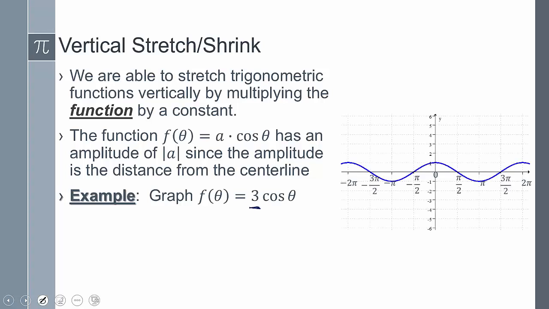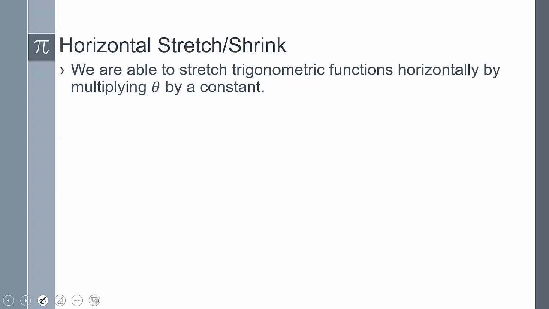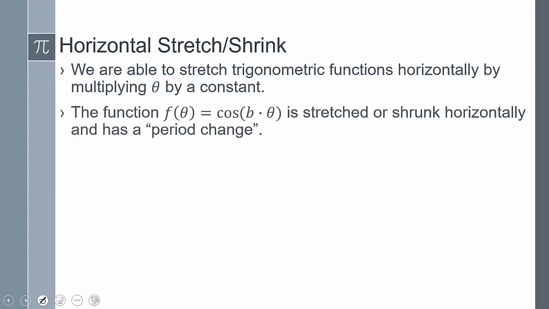So with that 3, I could stretch my function, pull it up, pull it down by a factor of 3. But now we can have this horizontal stretching and shrinking, which we call the period change. And it's the value that's going to be in front of theta. That represents our period change.